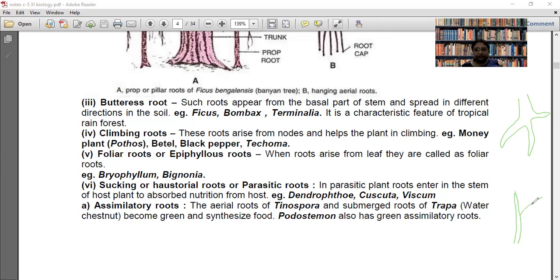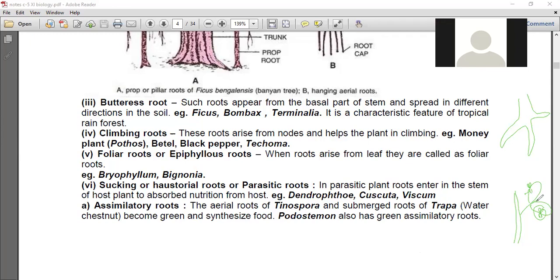It has a leaf, which you may have studied in 10th. Now in the leaf margin there are small plantlets which have roots. If these small plantlets get detached from the leaf and fall on soil, each of them can give rise to a new plant. Understood? Class? Yes, ma'am. So these types of roots are called foliar roots or epiphyllous roots.